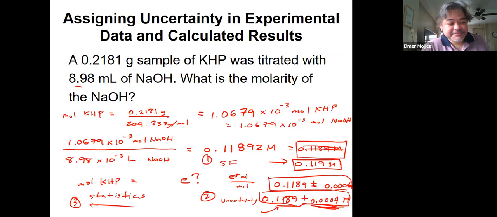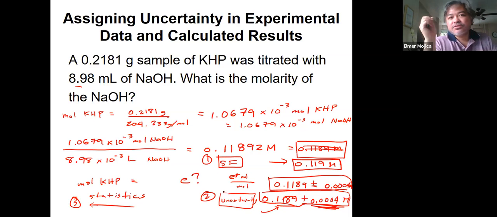So maybe right now you are in this level, but you are now going to this level wherein, oh, I can express more of the information that I have from the given data, and I can even include the uncertainty that I have.